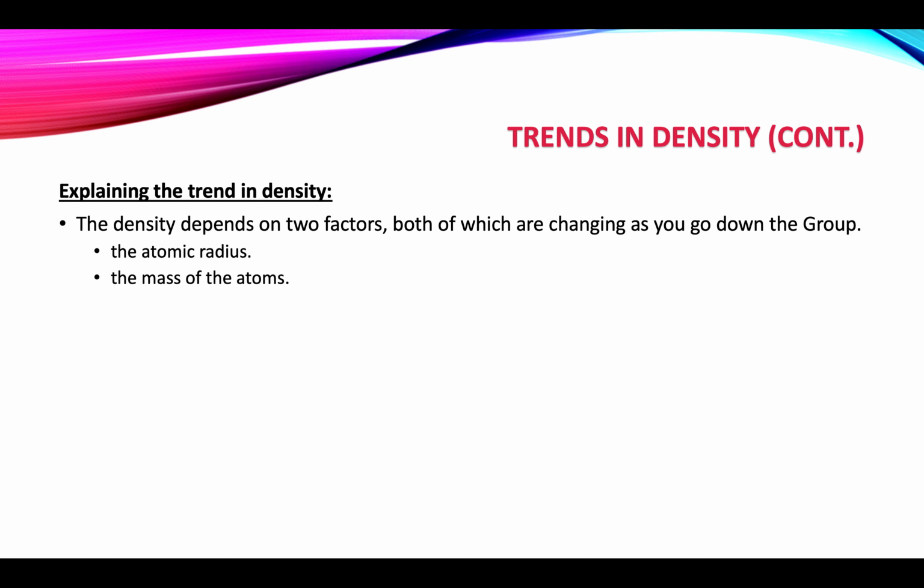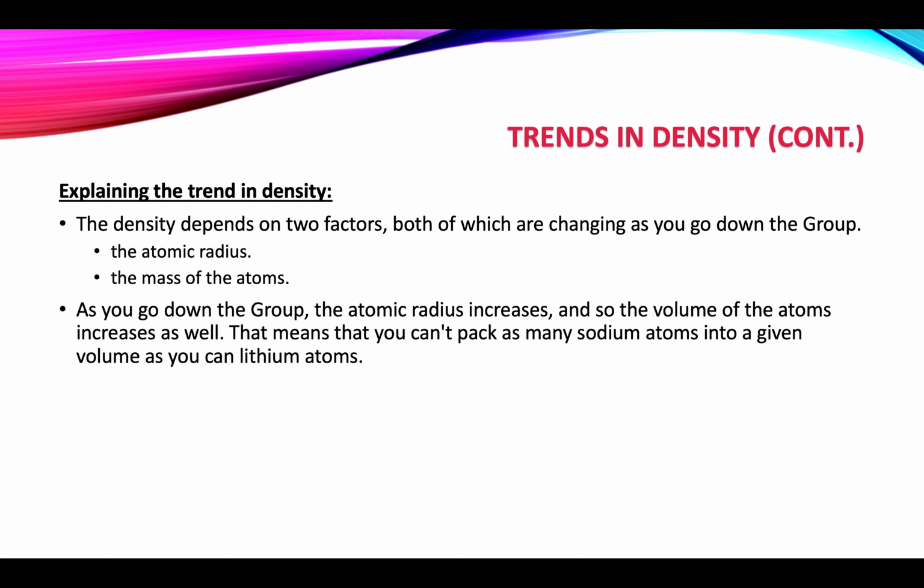Trends in density. The density depends upon two factors, the atomic radius and mass. Atomic radius basically affects the volume. So mass and volume are the main factors, and by changing the radius, the volume of the atom changes. As we go down the group, the atomic radius increases, and so the volume of atoms increases as well.